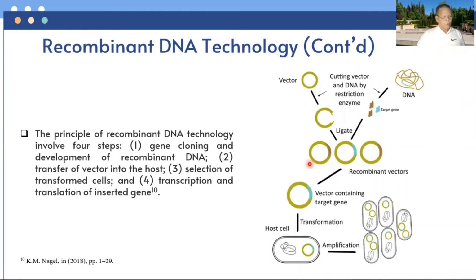Cutting the vector in this side, then insert the gene that you want to express, giving a vector containing a target gene. This is the host cell, and this cell will amplify, then also will amplify the product that we want to have.